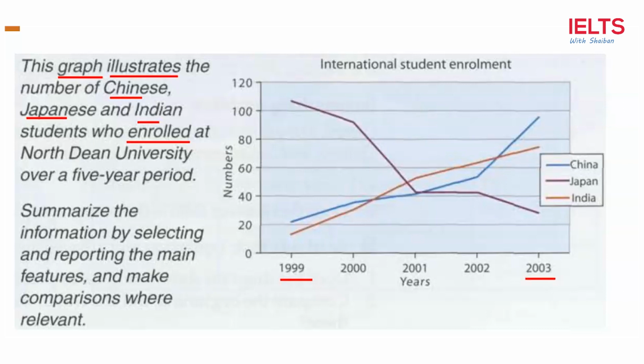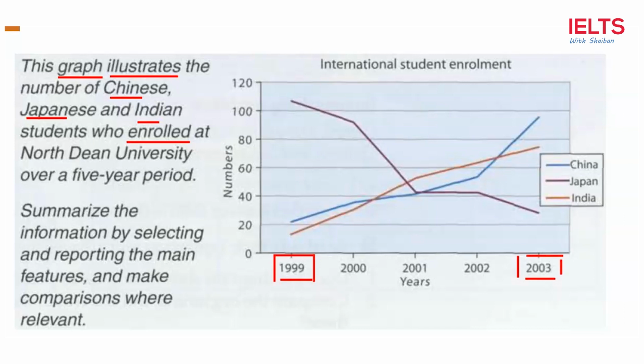So you can say this diagram demonstrates the number of students from China, Japan, and India who enrolled at Northern University from 1999 to 2003. So in this way, you can change it.